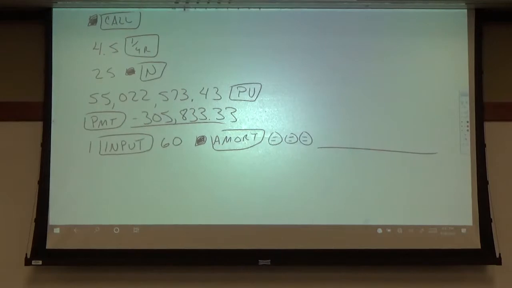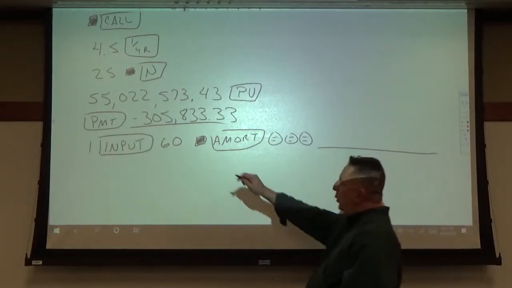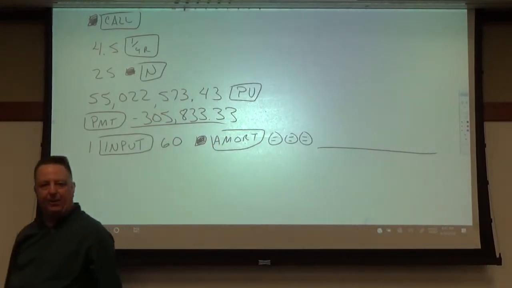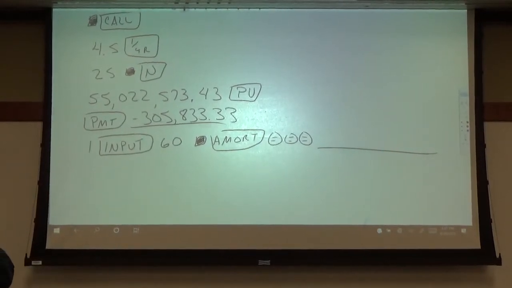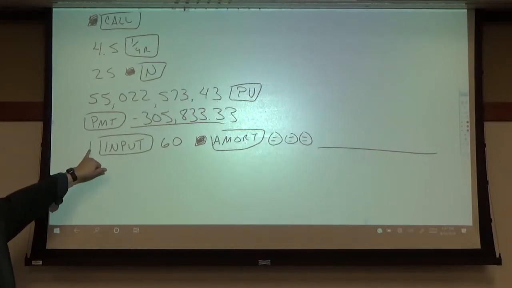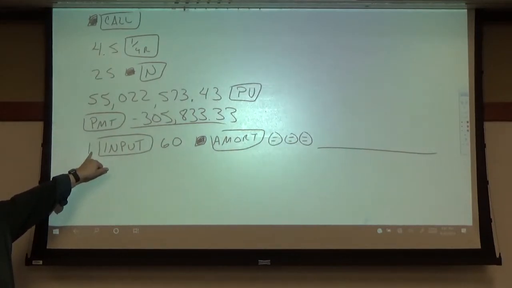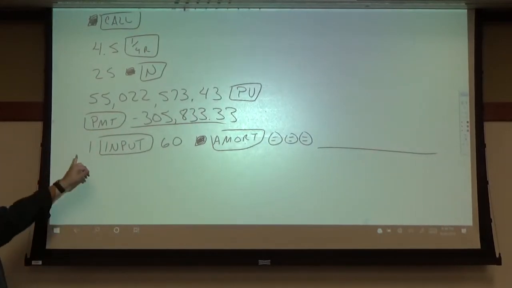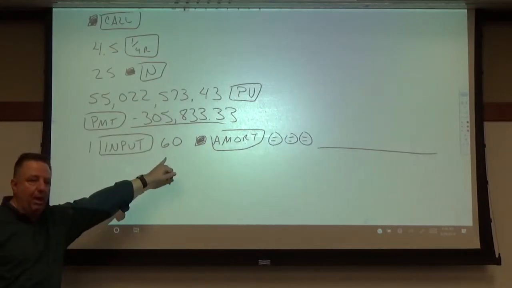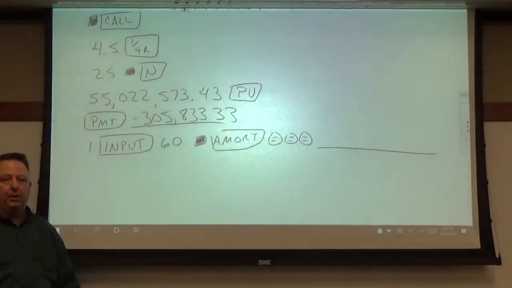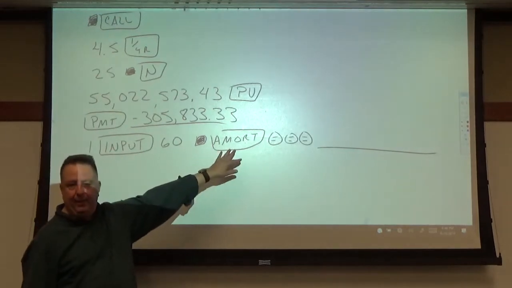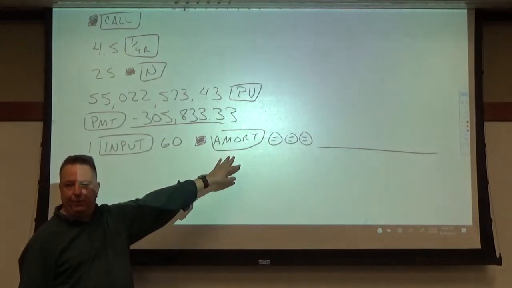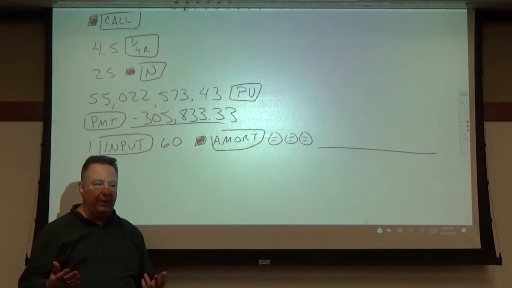Now what I've set up here is we're basically asking the calculator to tell me for this loan from month or period 1 through month 60, give me the amortization information for this loan.